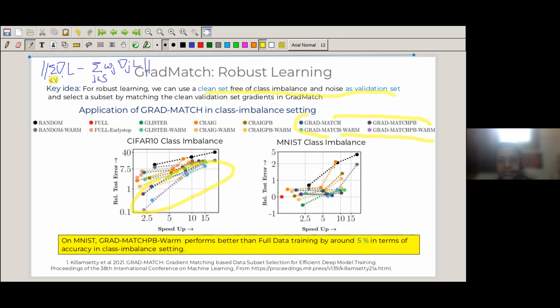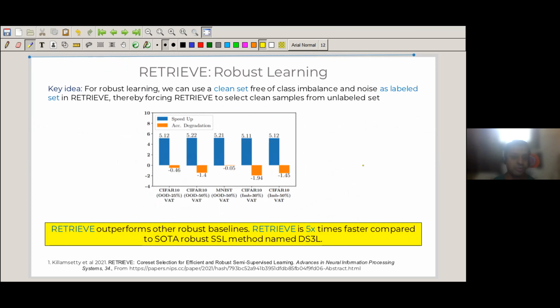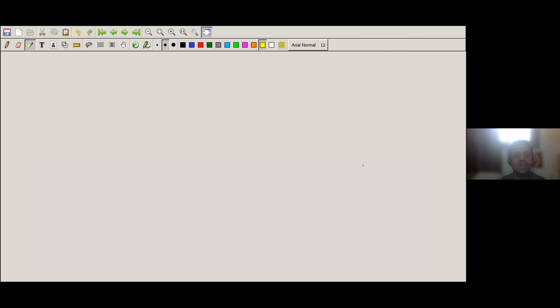I mean, you can do this with class imbalance setting as well, where some classes are more dominated. Okay, so likewise for semi-supervised learning, we find that there's consistent improvement in accuracy. Speed up is already there, but in addition, we are now able to get improvement in accuracy as well.